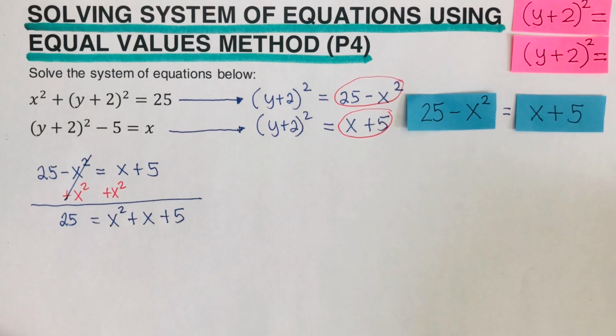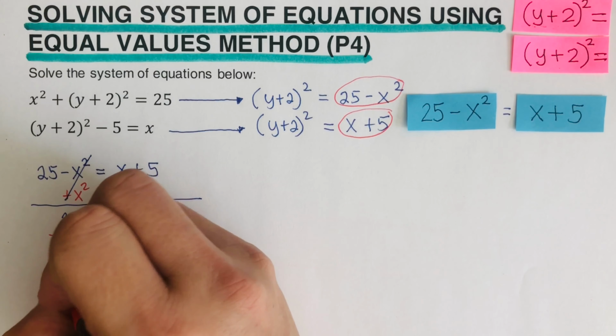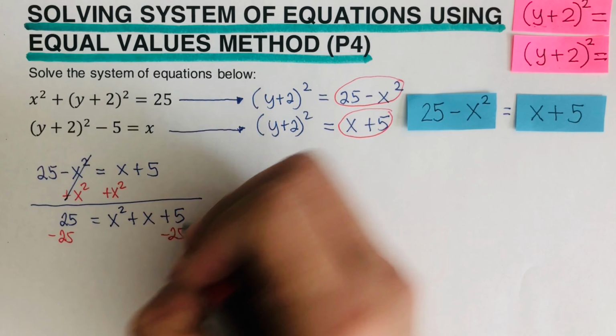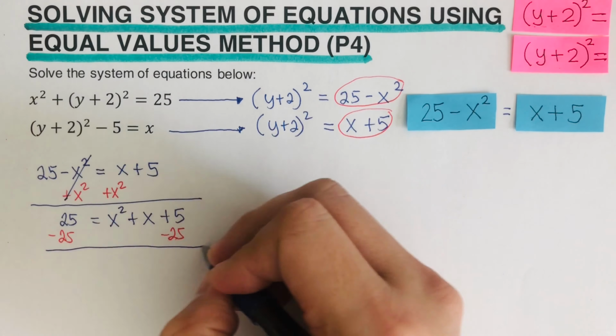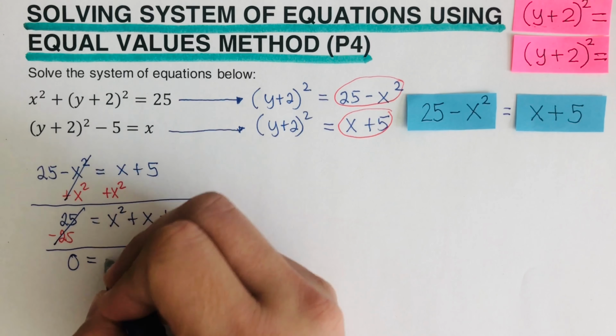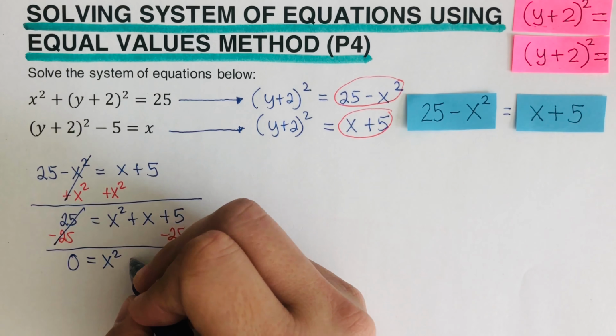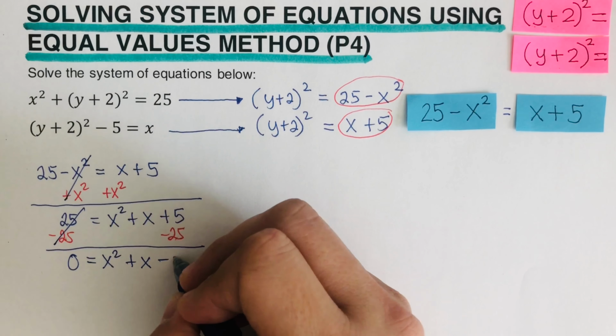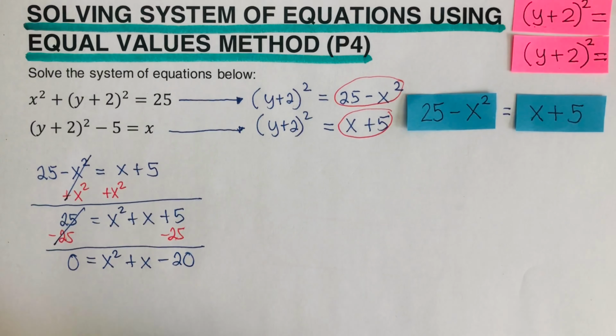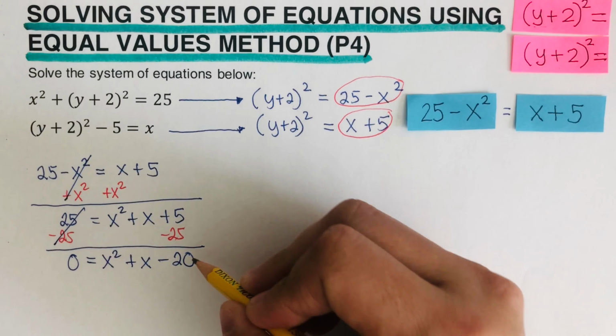So we subtract 25 from both sides, minus 25. So then we are left with 0 is equal to x squared plus x minus 20. Then we use the area model in order that we can determine the factors for this one. I'm going to show the area model up here.